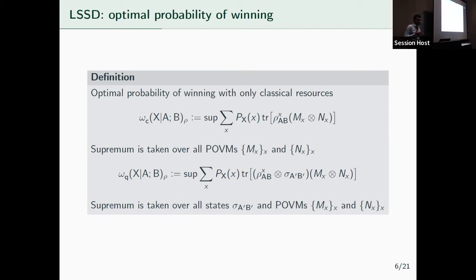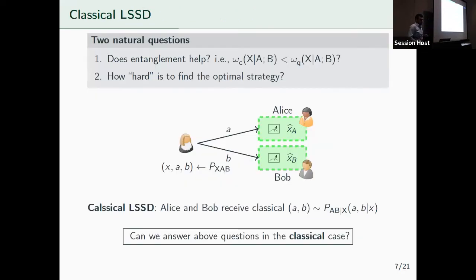And we also define the quantum value, which is the optimization over all shared quantum states and measurements on the joint states of the received state and what they shared before. And there are two natural questions here. First, what is the relation between these two quantities? In other words, whether these quantities are always equal, or there are some cases where there can be a gap between these two quantities, and also what is the computational complexity of finding the optimal value.